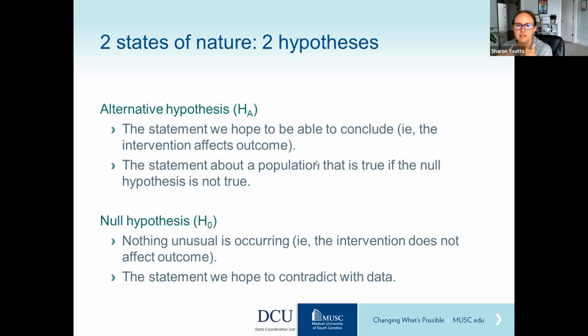The null hypothesis is that nothing is happening. It's what you want to contradict with the data. So if the alternative is that the intervention affects outcome, the null hypothesis would be that the intervention has no effect on whatever outcome you've specified.